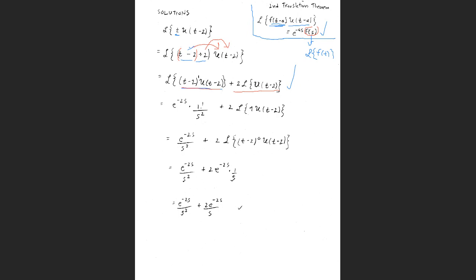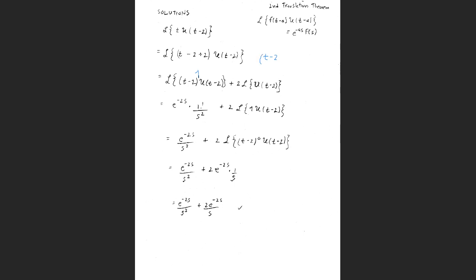Antonio, are you all right with that? Yeah, I'm not following. So I see you have the 2 multiplied by the u gave you the 2 Laplace u. I get that. Let me ask you this. This here is actually a 1. This is a number 1 here. Oh, okay.